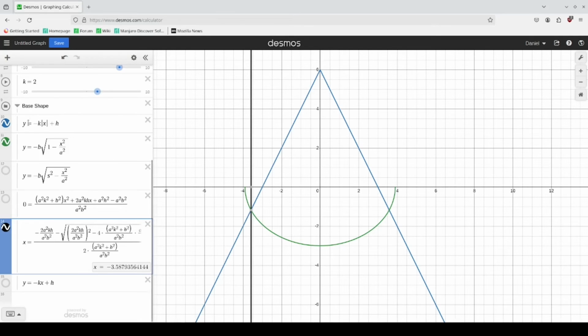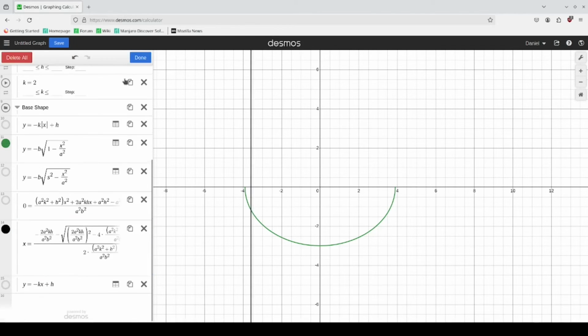And so let's simplify this. And I want to be staring at this black line so I know we're all looking at the same number.